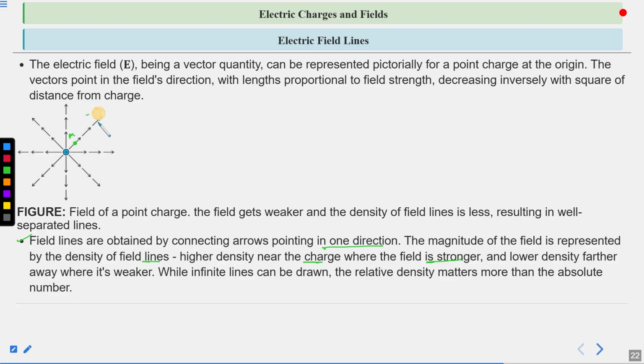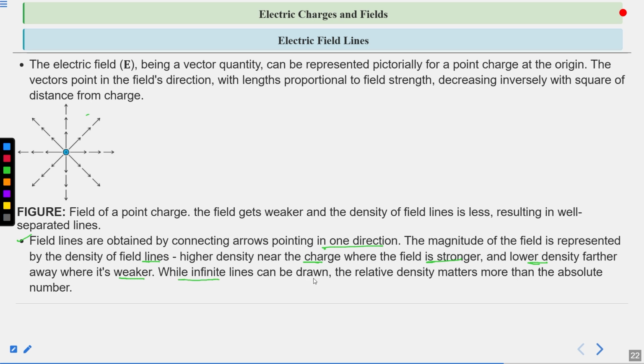Clear? So, high density near the charge where the field is stronger and lower density further away where it's weaker. We know E is inversely proportional to R square. So from this relation it is also clear, if R is greater then E is small.